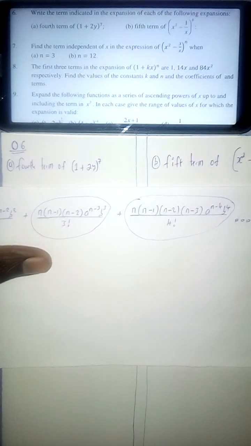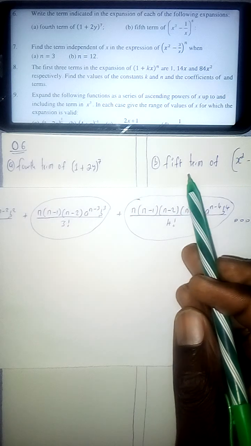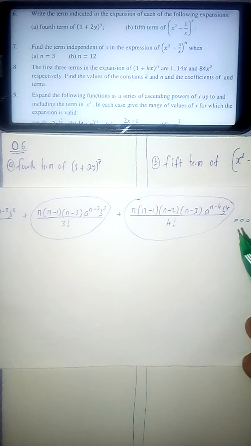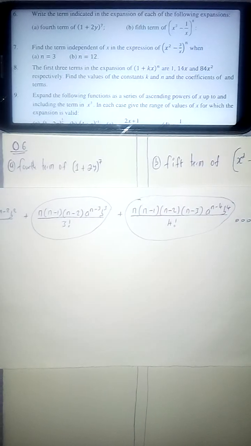Meaning that you can also come up with a formula just by hearing the term which they want you to find. For example, if you hear that you're supposed to find the fourth term, you need to know that your power will have 3. When you are finding the fifth term, your power will have 4. In other words, the term numbers will be one higher than the powers.